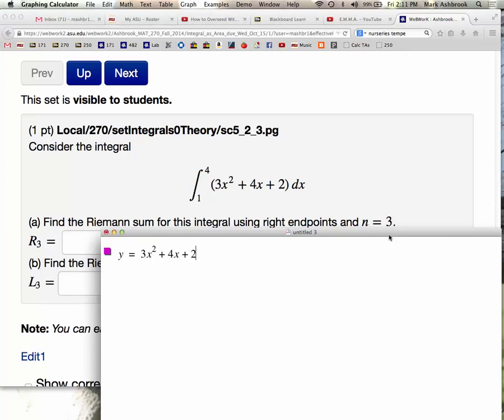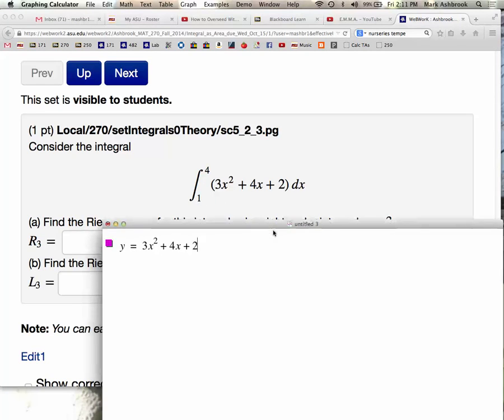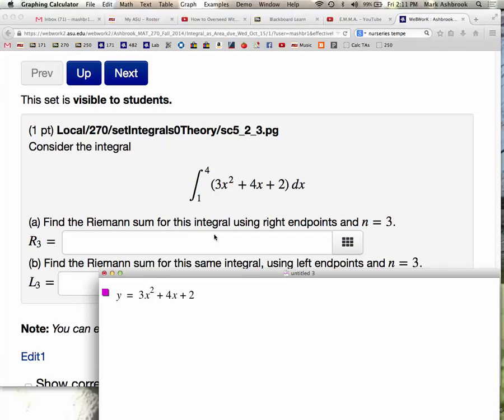And that function, for us, does it relate as a rate of change function or an accumulation function? A rate of change function. That's our meaning for it, okay? So I'm going to graph that, and we're looking between x equals 1 and x equals 4. And they want us to use a Riemann sum, right endpoints of each interval, and 3 intervals.